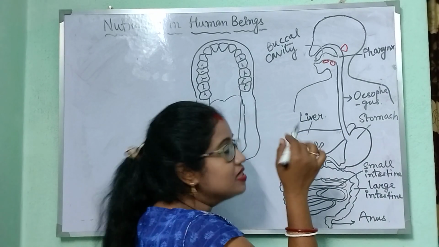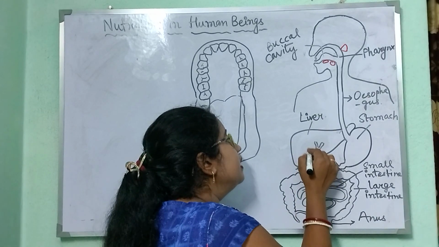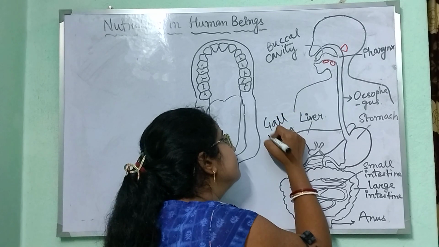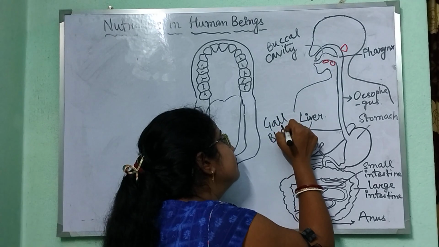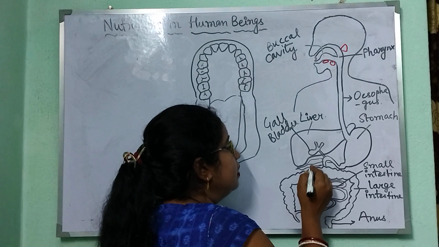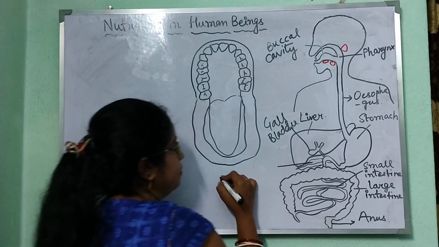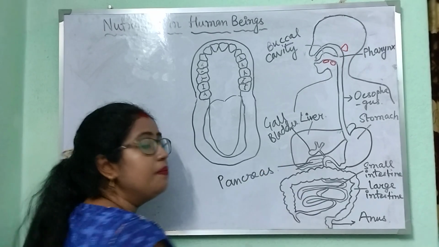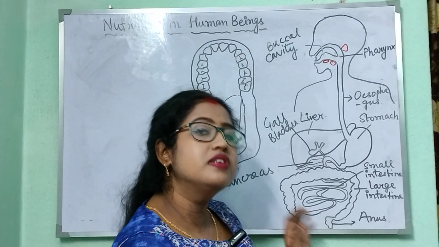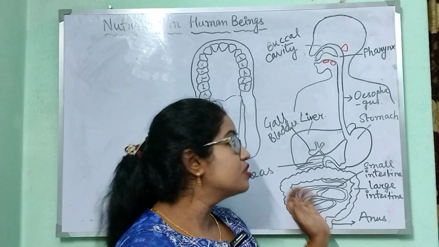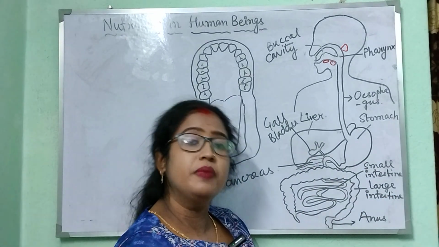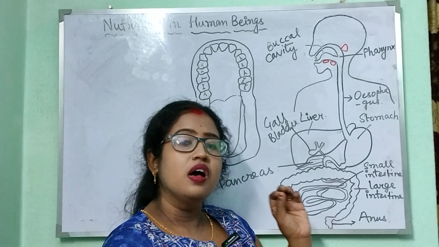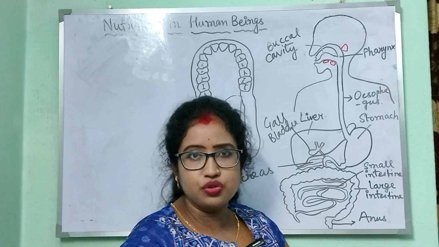Sorry, I said lungs, it is actually the liver. Then the gallbladder, then this one is the pancreas. Some part of the pancreas helps in the digestion process, but not the whole pancreas, because the pancreas has some other functions also.